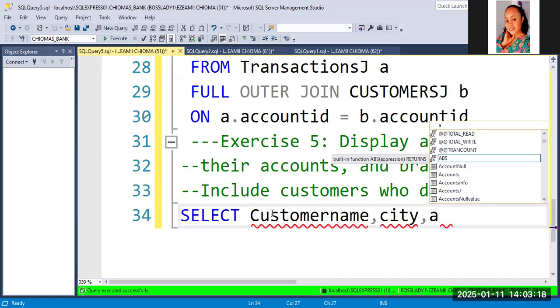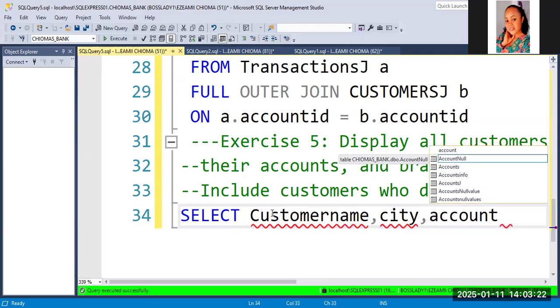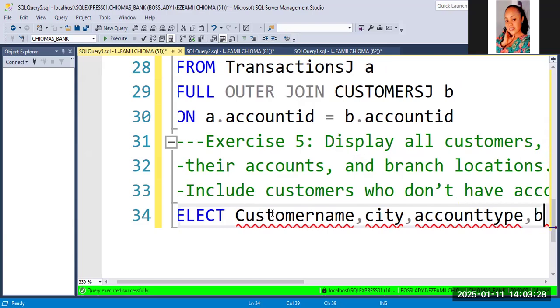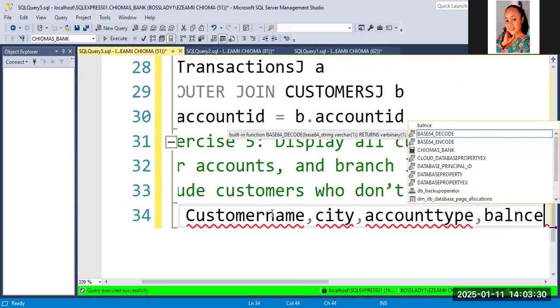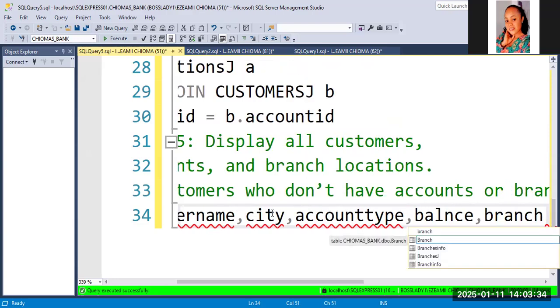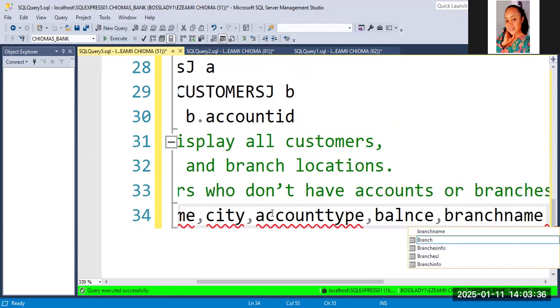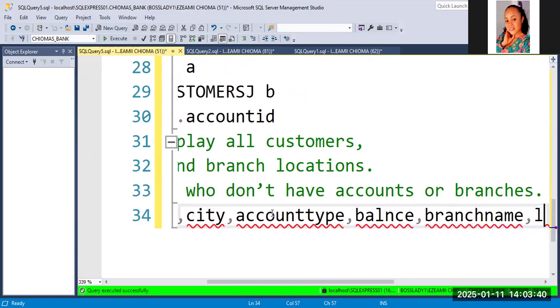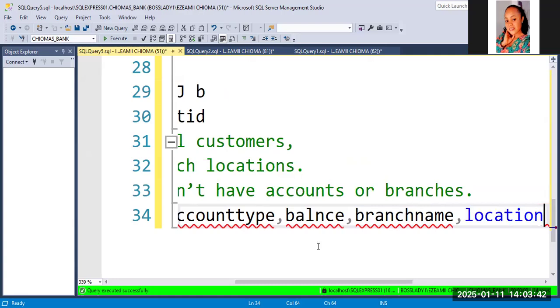Then account type is from our account table. So when we join the table, we can now look at it. Account type. Then let's look at balance. Let's look at branch name. Branch name. Let's look at location.